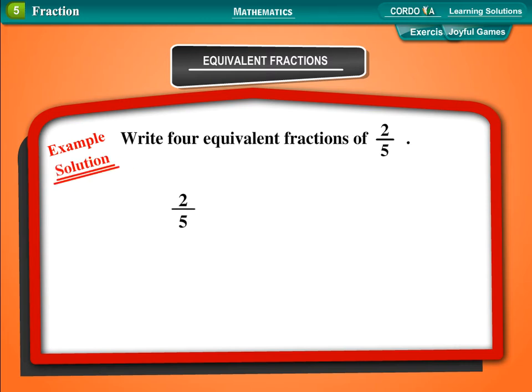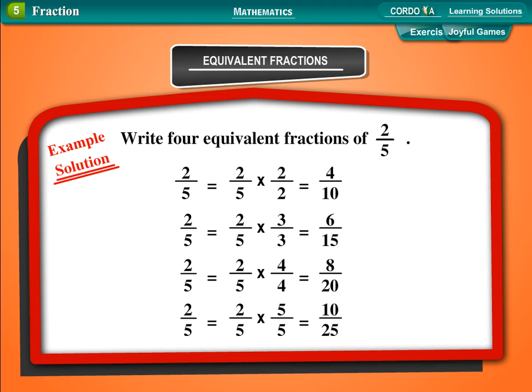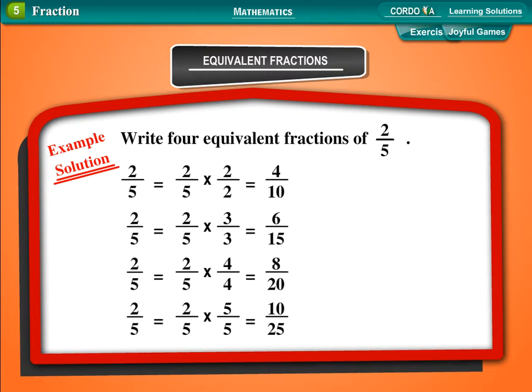Solution: the equivalent fractions of 2 upon 5 are 2 upon 5 equal to 2 upon 5 into 2 upon 2 equal to 4 upon 10. 2 upon 5 equal to 2 upon 5 into 3 upon 3, which is equal to 6 upon 15. 2 upon 5 equal to 2 upon 5 into 4 upon 4, which is equal to 8 upon 20. 2 upon 5 equal to 2 upon 5 into 5 upon 5, which is equal to 10 upon 25. Hence, equivalent fractions of 2 upon 5 are 4 upon 10, 6 upon 15, 8 upon 20, and 10 upon 25.